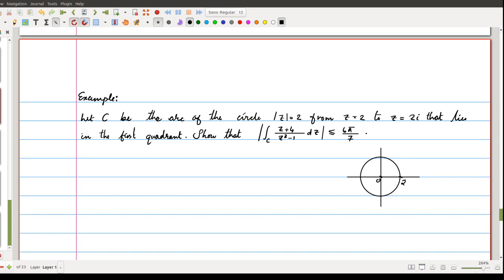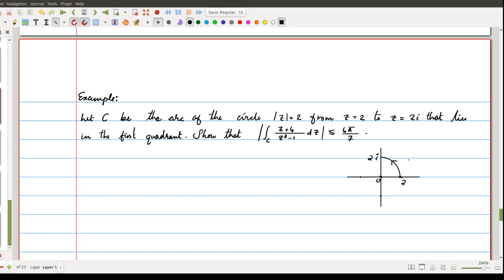We didn't take all of the circle, we take only the part of the circle from 2 to 2i. That means we delete all the other points, and we consider only the part of the circle that lies in the first quadrant. So our contour will be like this, starting from here with this orientation, ending at 2i.